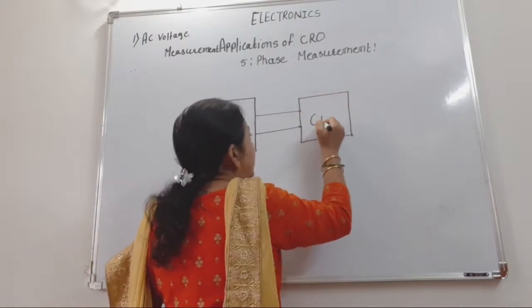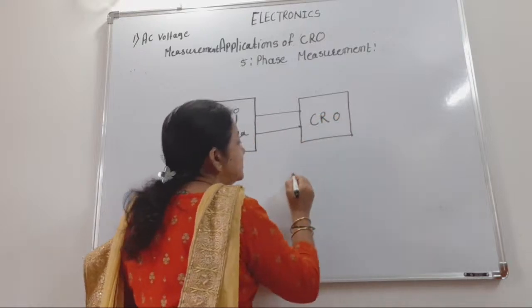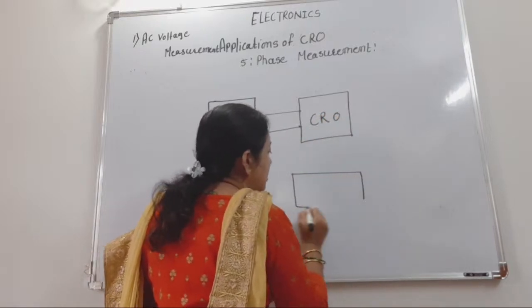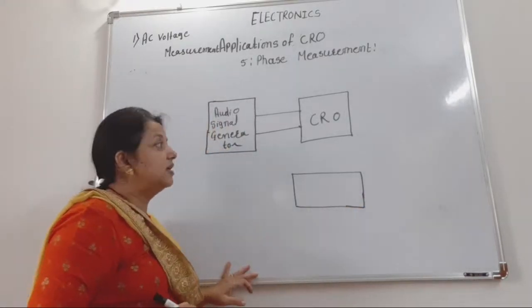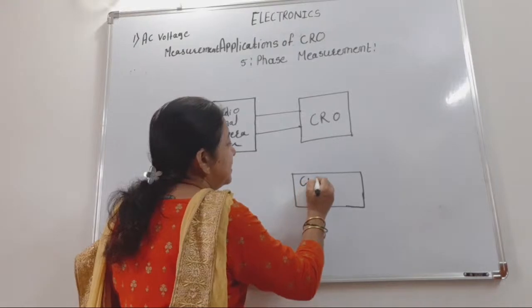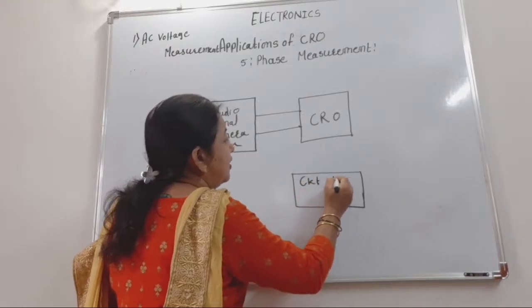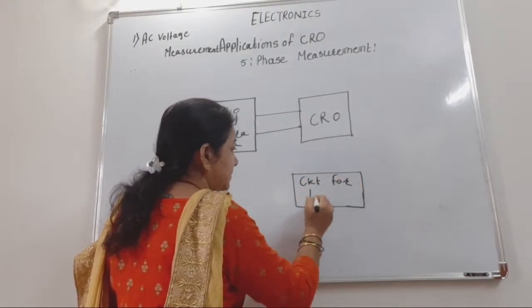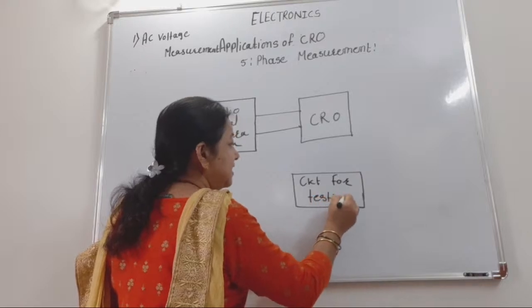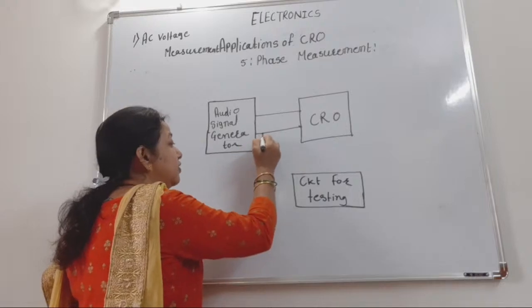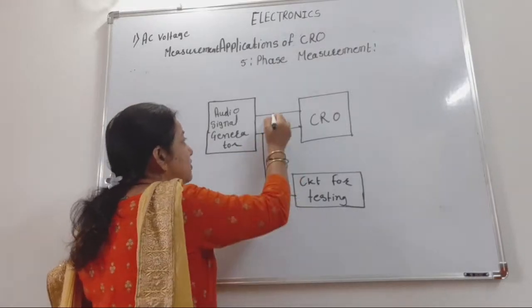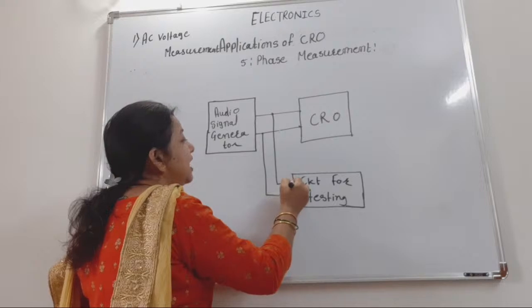In short, we write here CRO and here circuit to be tested, of which we want to measure. We generate some waves, that is the circuit for testing. We connect the circuit here. The signal from that audio signal generator goes to that circuit also and to the CRO also.